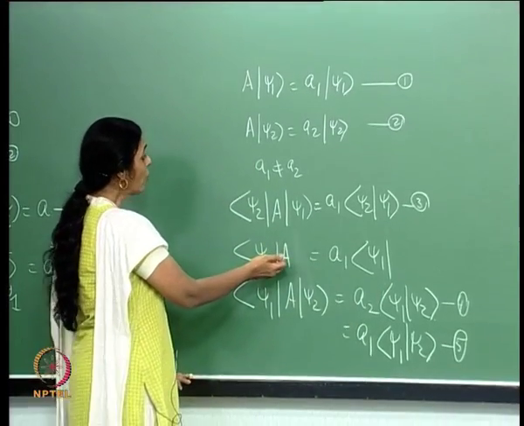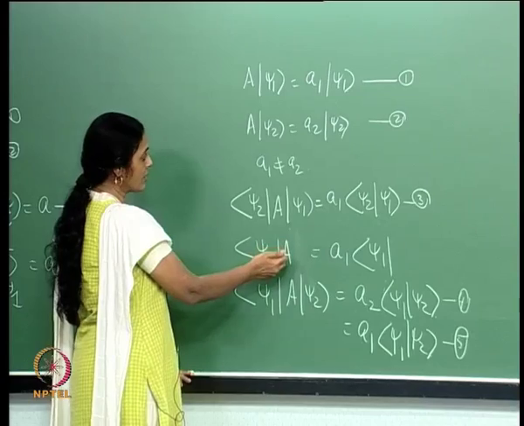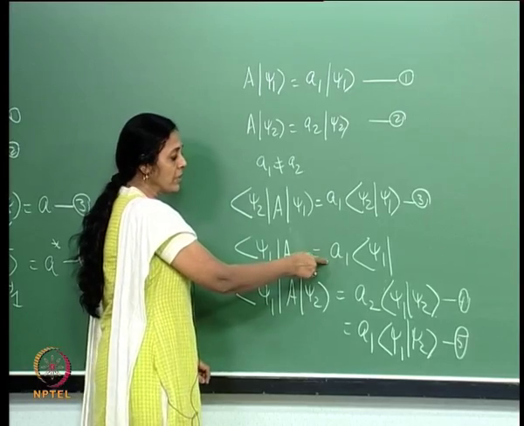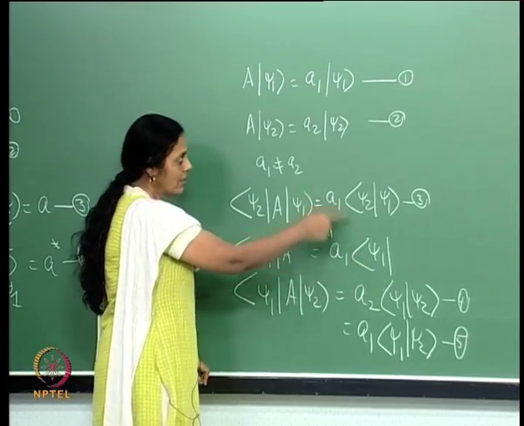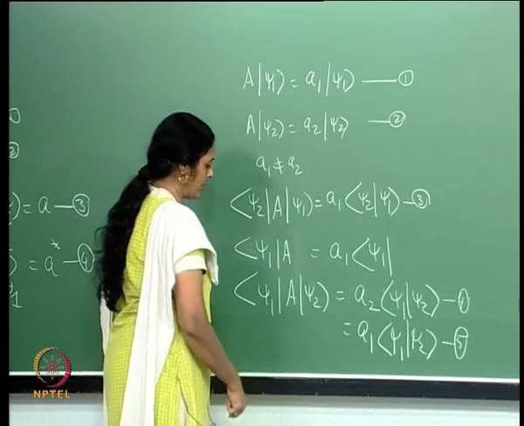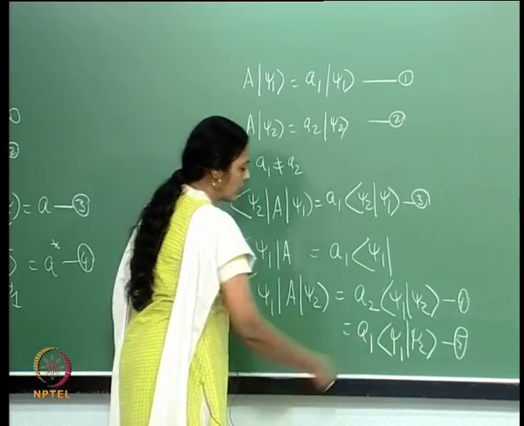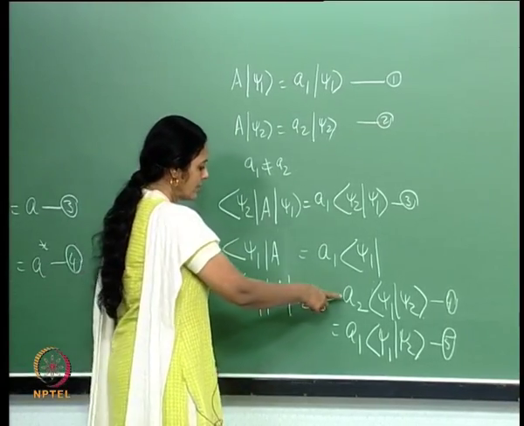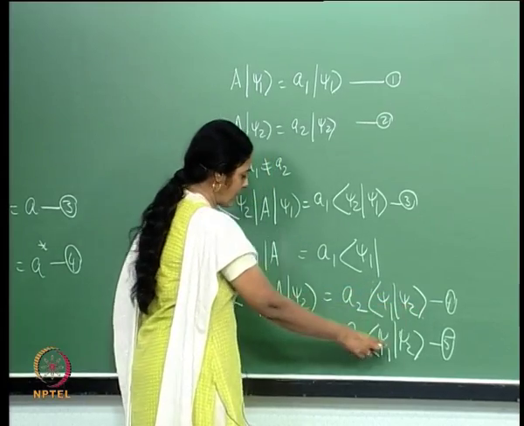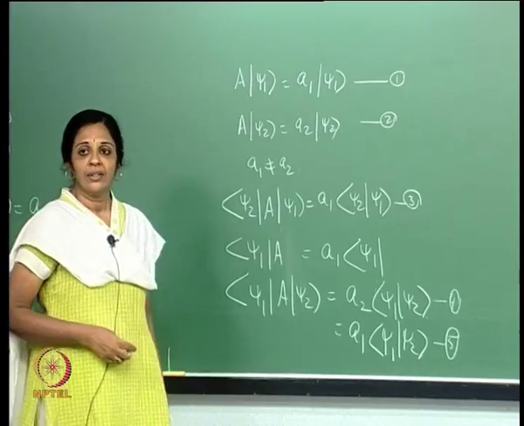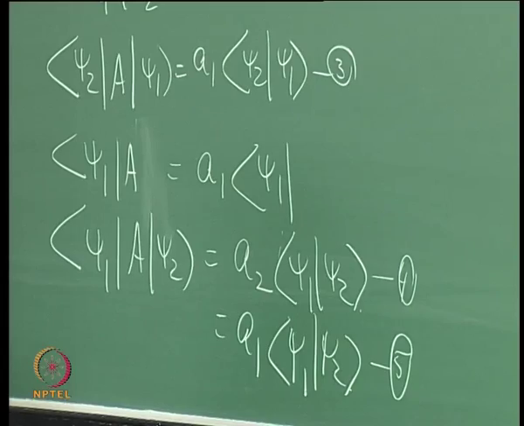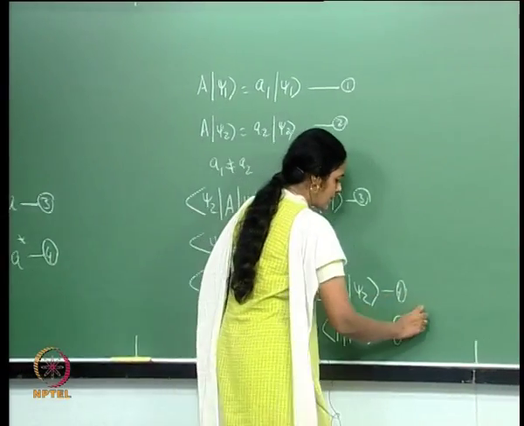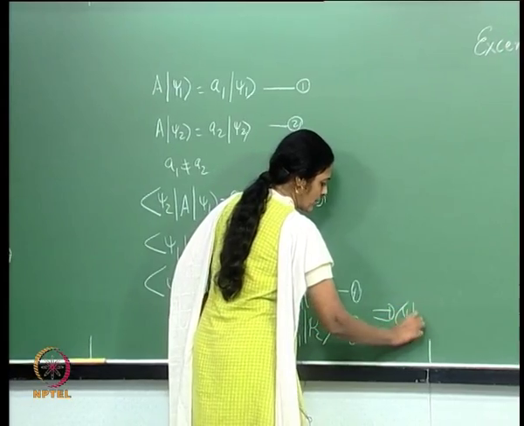On the other hand, I know that because A is Hermitian, A dagger is the same as A, and here I have <psi1|A, which should normally have been a1 star times bra psi1, but because a1 is real, I have just written down a1 there, and therefore I have a1 <psi1|psi2>. This clearly means that a2 times the inner product of psi1 with psi2 should be the same as a1 times the inner product of psi1 with psi2, but a1 and a2 are not equal to each other. That is given to us, which implies <psi1|psi2> is 0.